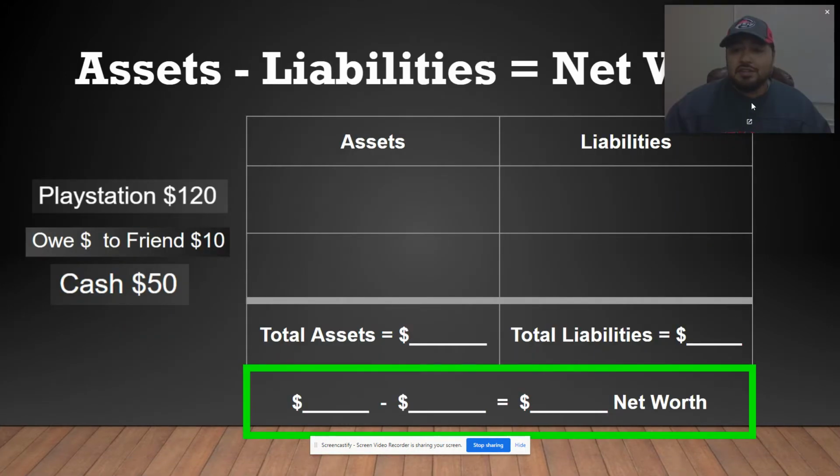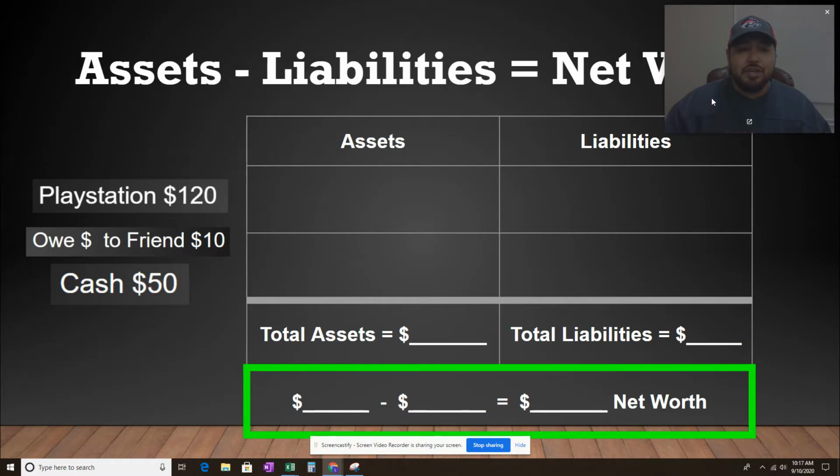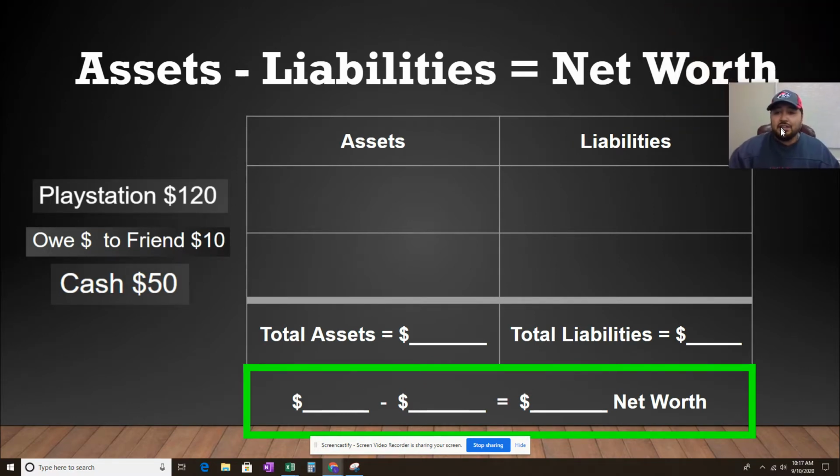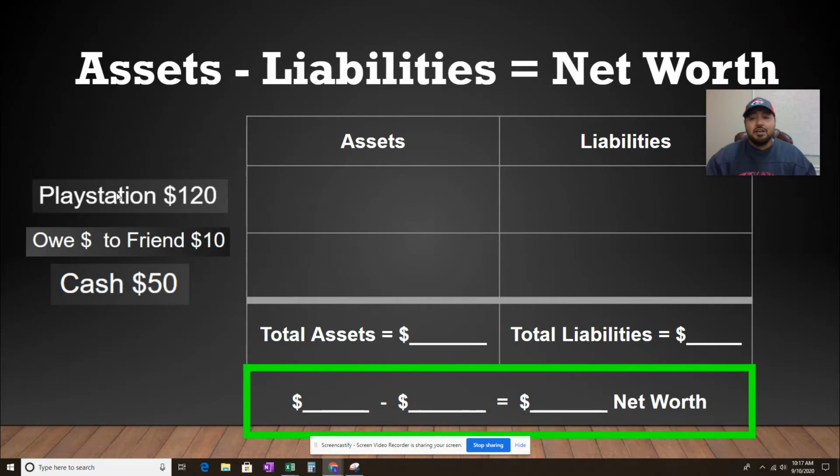And so let's take this one into account. For example, I have somebody here, a kid here. They own a PlayStation. They have cash, and they owe their friend $10. And so how this would work is their assets are something that they own. We can see which ones are the assets.